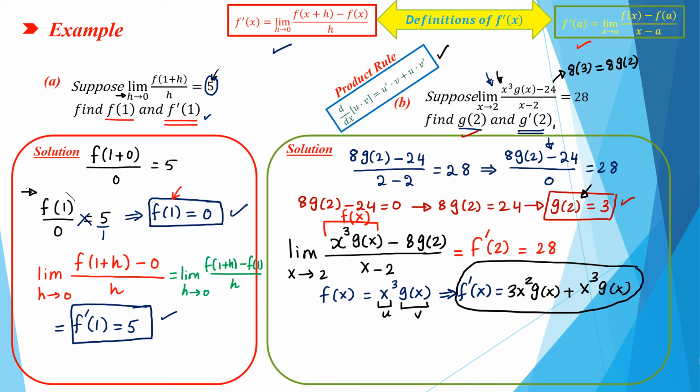Now we want to find g prime of 2, so you have to replace x equals 2 in the first derivative of f. So f prime of 2 equals 3 multiplied by 2 squared, which is 12, times g of 2, plus 2 to the third power, which is 8, multiplied by g prime of 2.